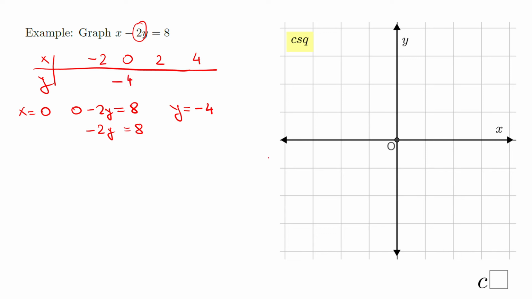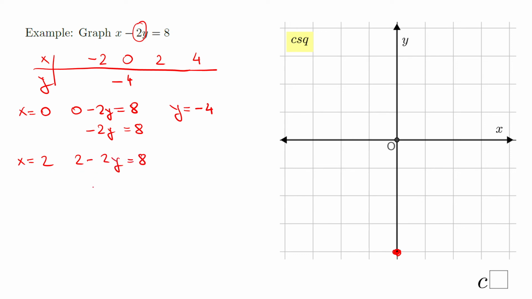So we'll take a look, and that, guys, is right here. We can plot it, so it's a usable point. Let's go to 2 and see what's going on. We have 2 minus 2y equals 8.